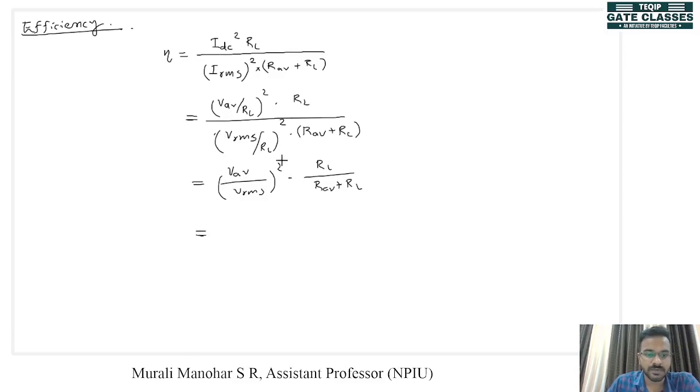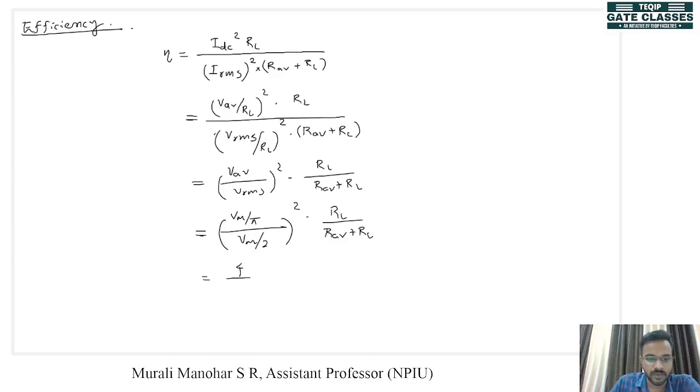We can approximate this VAV divided by VRMS whole square. We have already seen the average value in case of ideal diode, so we will approximate it with the average value, which is Vm by pi, and RMS value is Vm by 2, this whole square into RL divided by RAV plus RL.